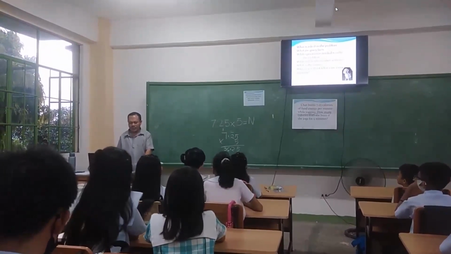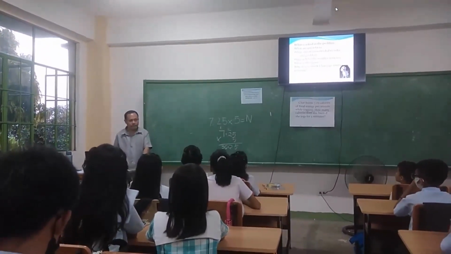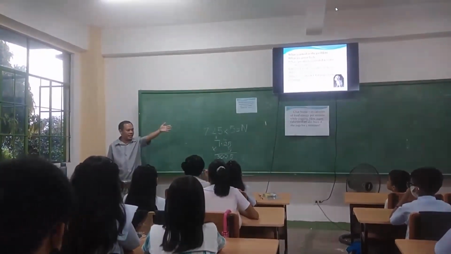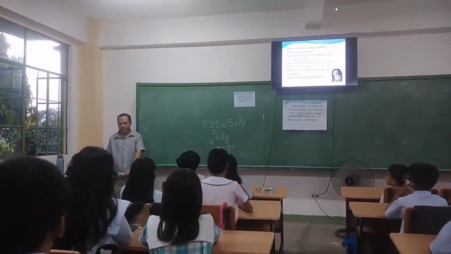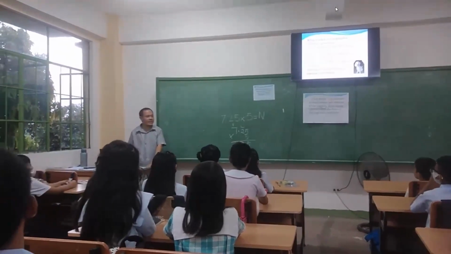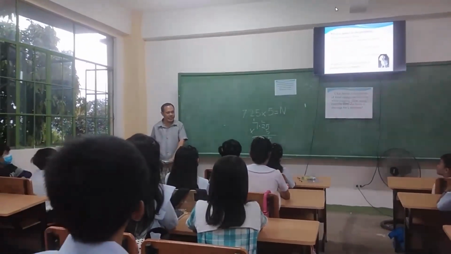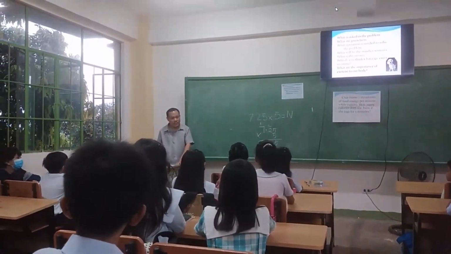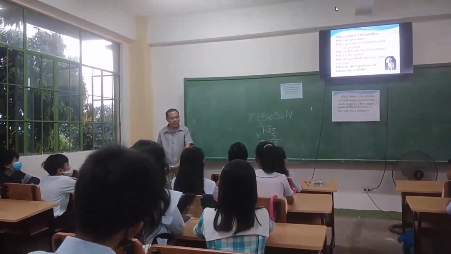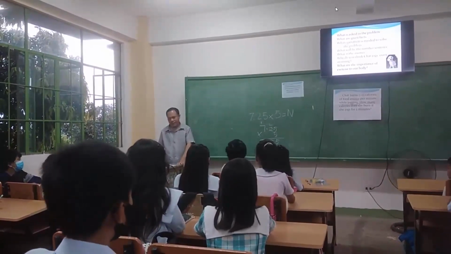Okay. Why do you jog every morning? Jogging. Okay. In order for you to be healthy. What is the importance of exercise for the body? For us to be healthy.